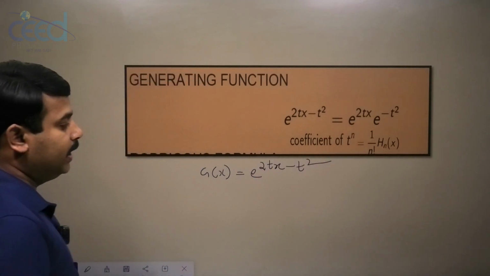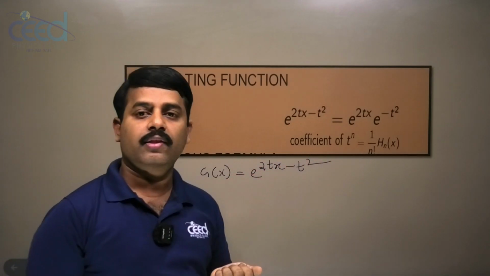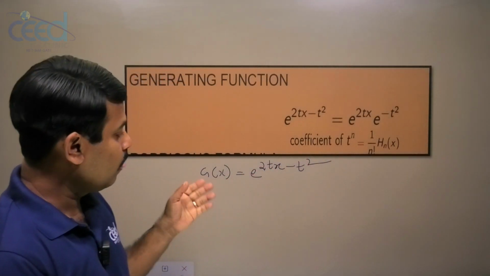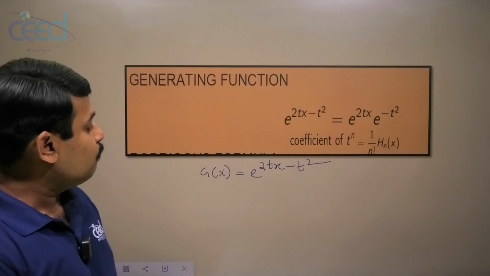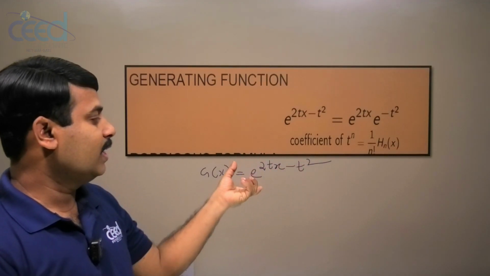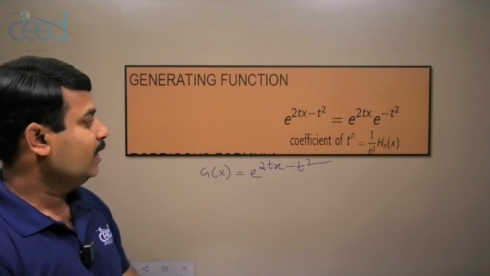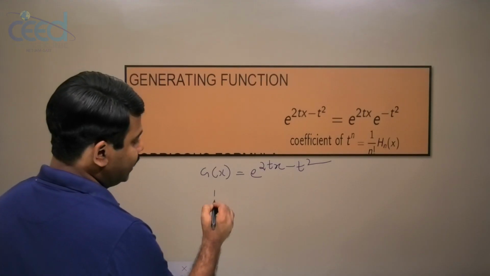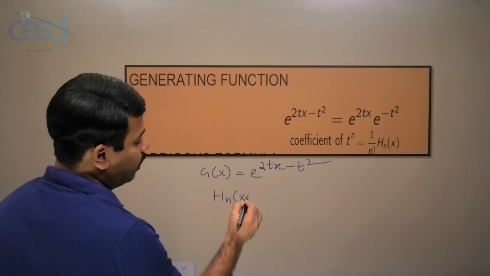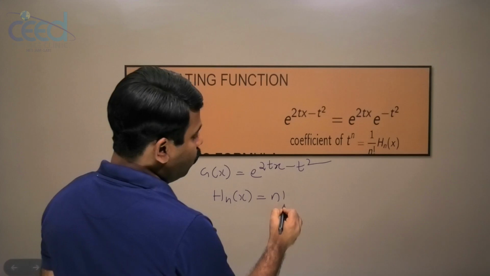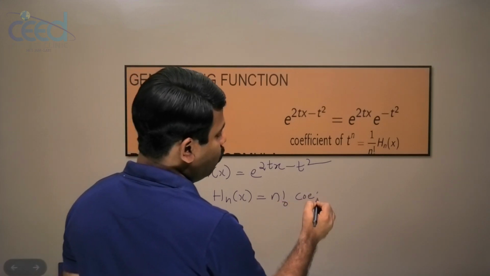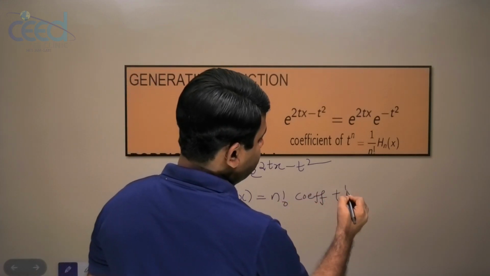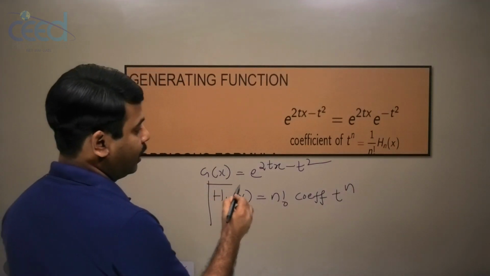Now suppose you expand this using Taylor series expansion, then what can you write? Hn of x you can write as n factorial into the coefficient of t raised to n. This is the formula.